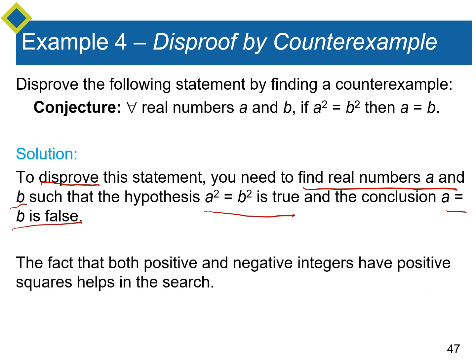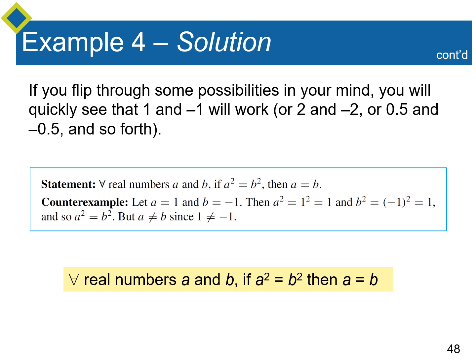So the fact that both positive and negative integers have positive squares helps in this search. If you quickly see that 1 and minus 1 will work, or 2 and minus 2, we replace the values of a and b.